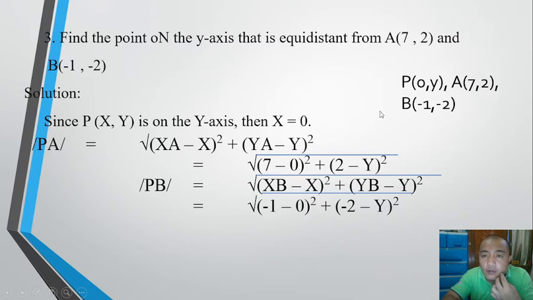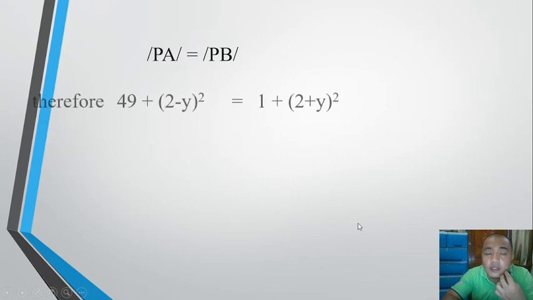How about for PB? Negative 1 minus 0 quantity squared plus (negative 2 minus y) quantity squared. And since PA and PB are equidistant, then therefore they are equal. PA is equal to PB.